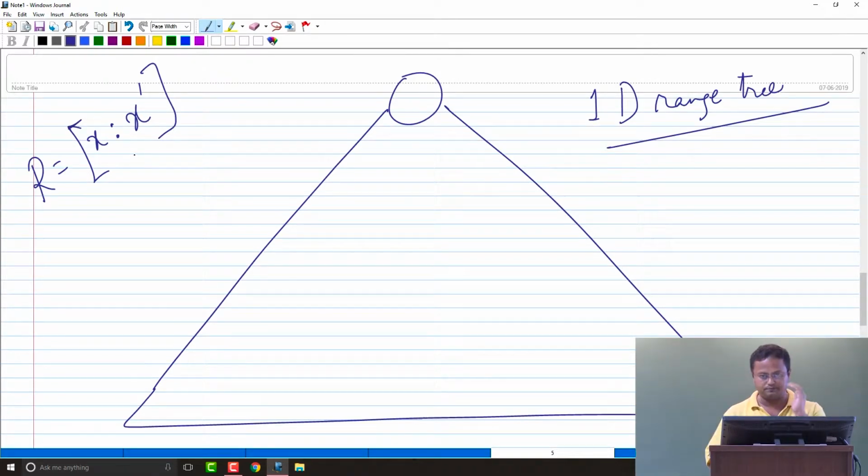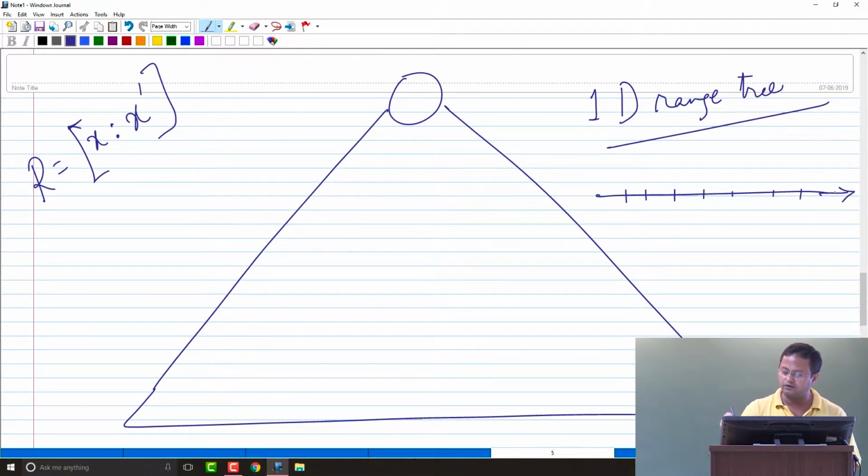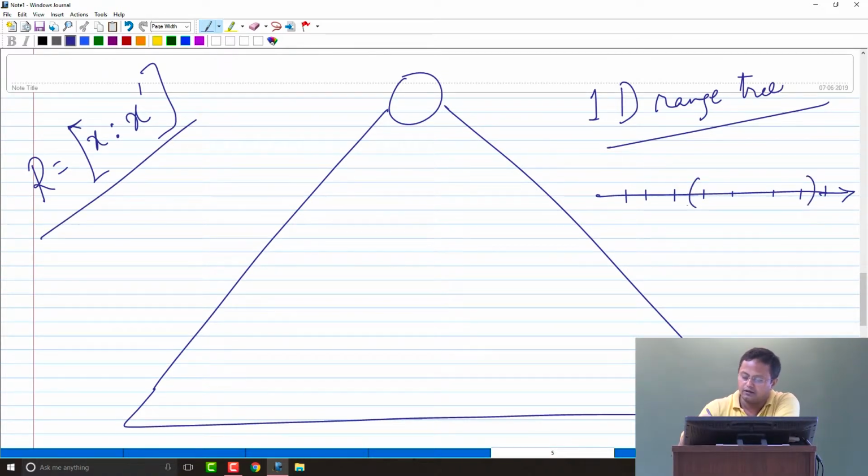Now, a 1D range tree basically orders the points on the real line, no. So, this x to x dashed is somewhere. What you do is first search x to x dashed on this. If the value stored here is less than x, then your search path should go right. If the value stored here is more, then the search path should go left, right. Okay.